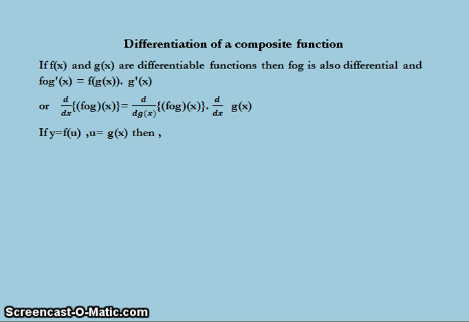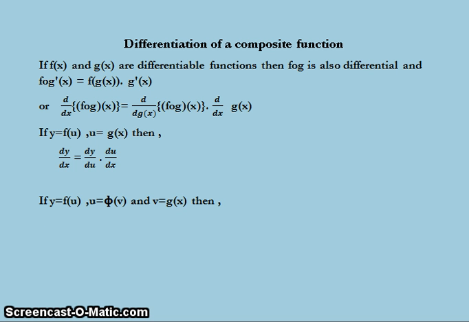Now if y is a function of u and u is a function of x, then dy by dx is equal to dy by du into du by dx. That is, the derivative of y with respect to x is equal to the derivative of y with respect to u into the derivative of u with respect to x. Next we have the extension of a function of a function.